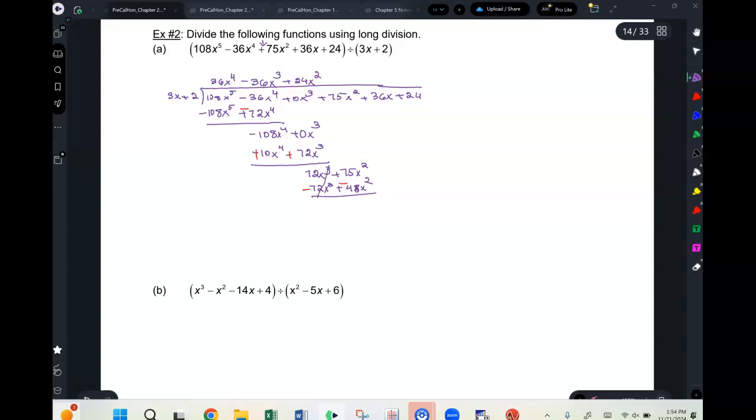So I'm going to get 75 minus 48, 27x squared plus 36x. Okay, so 9x? So 27x squared plus 18x. Change the signs. What do I get? Plus 24. And then plus 6? 18x plus 12.